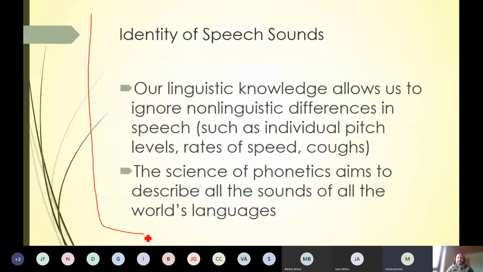Linguistic knowledge allows us to know non-linguistic differences in speech, such as individual pitch levels, rates of speech, coughs. The science of phonetics aims to describe all the sounds of all the world's languages. Thank you so much.